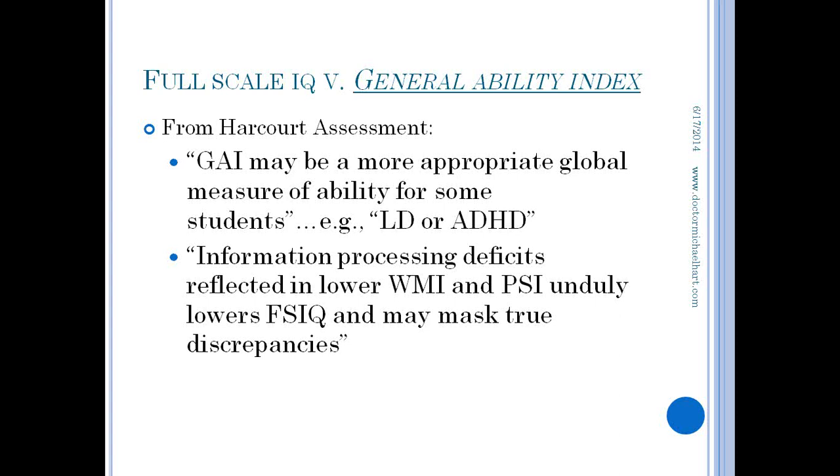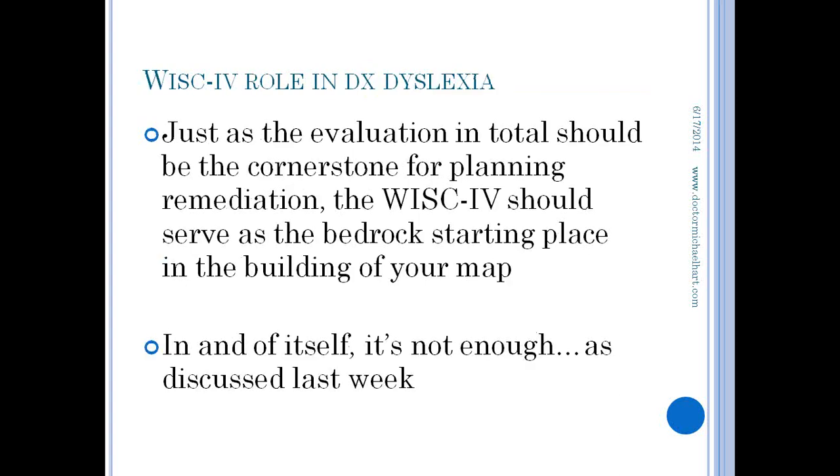Now, they quote what I was basically saying, which is that information processing deficits reflected in lower working memory and processing speed unduly lower the full-scale IQ and may mask true discrepancies. I'm basically just backing up what I said from the publishers themselves.